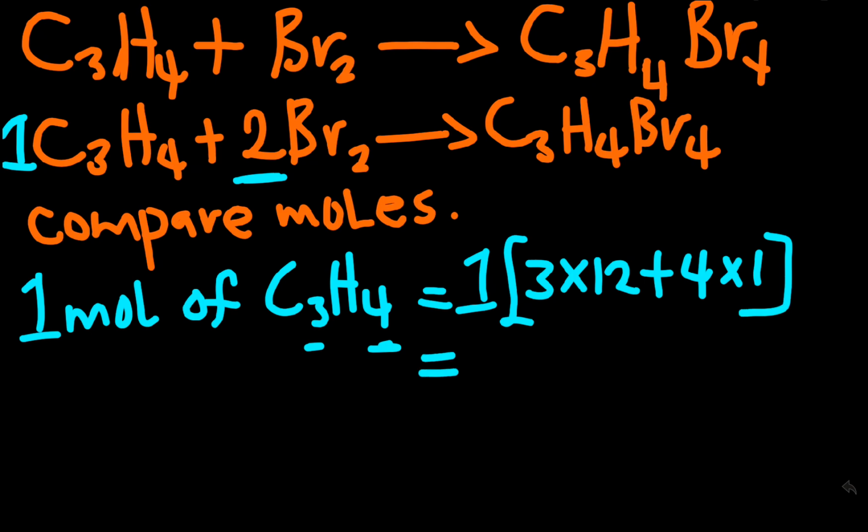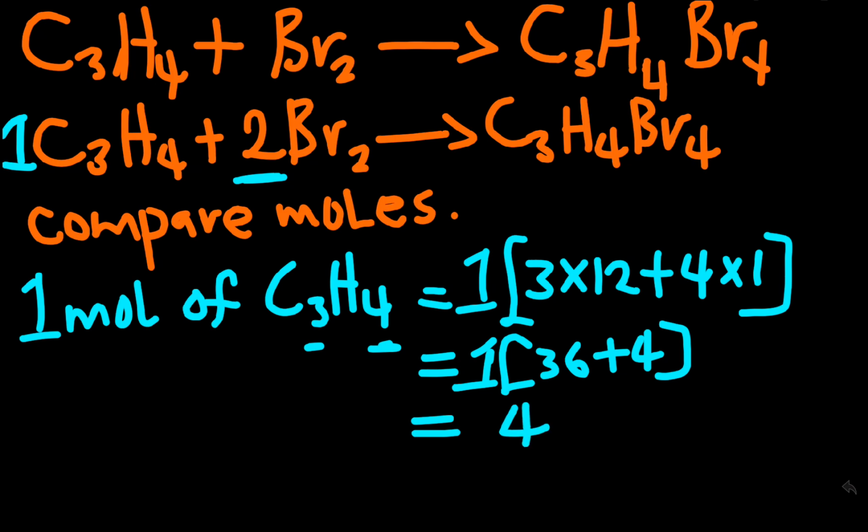And 3 times 12 is 36, plus 4, we arrive at 40. So the molar mass of propyne from this equation is actually 40 grams per mole.